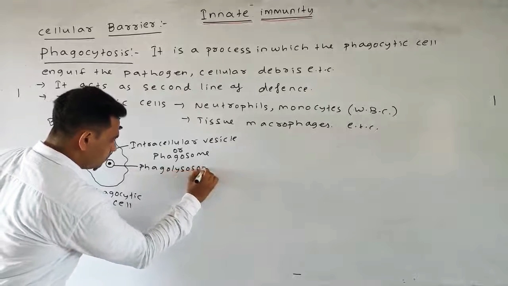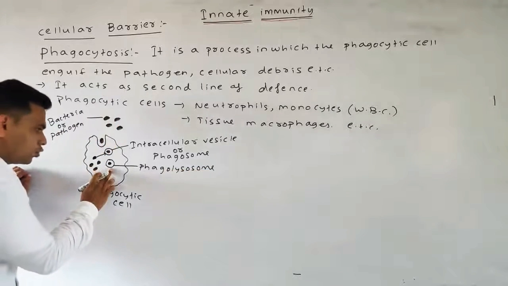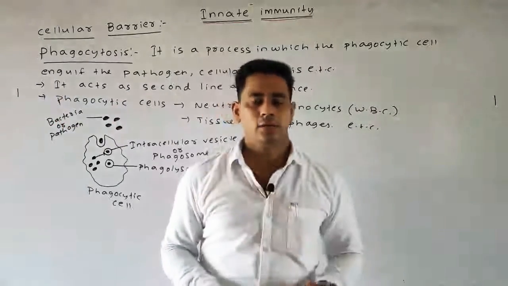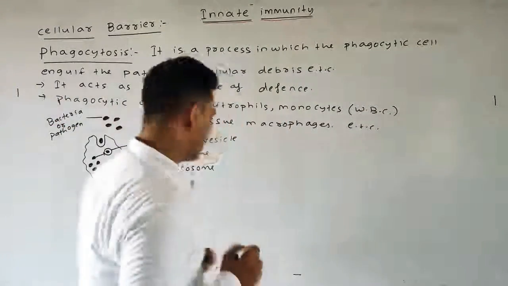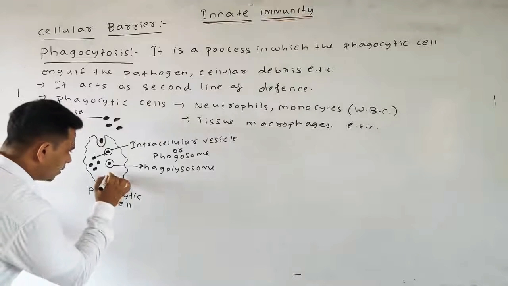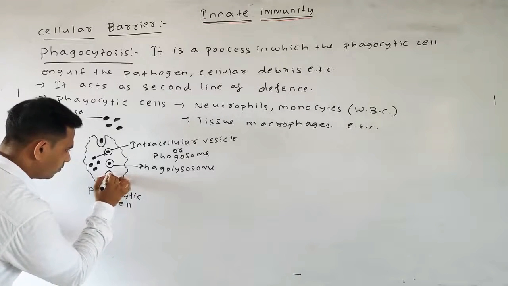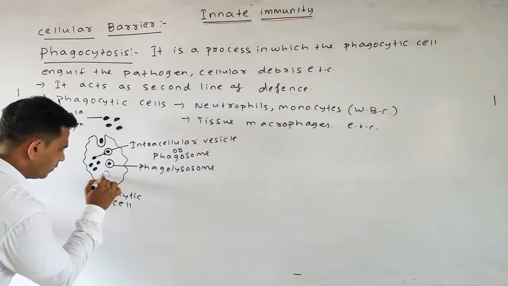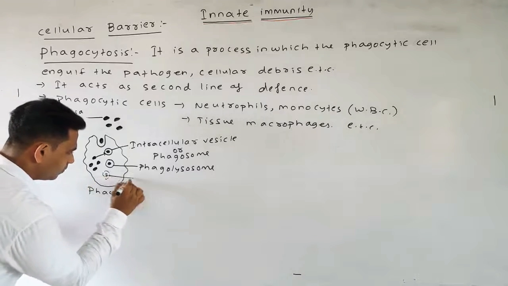Phagolysosome is formed. In the phagolysosome, the lysosomal enzyme helps in digesting the pathogen, or simply we can say kill the bacteria, forming the digestive vacuole.